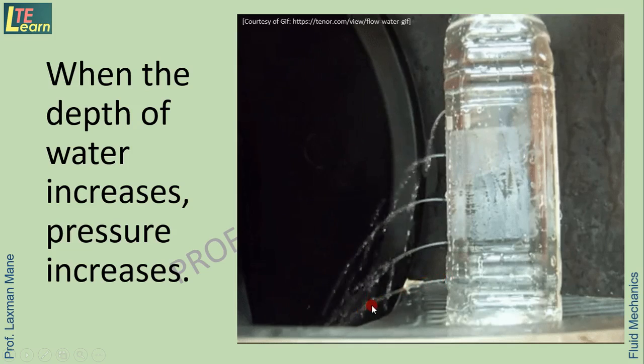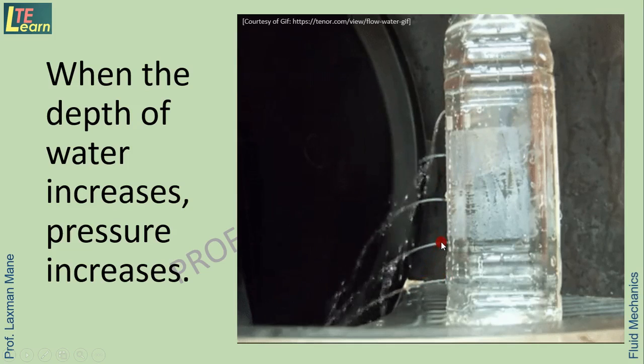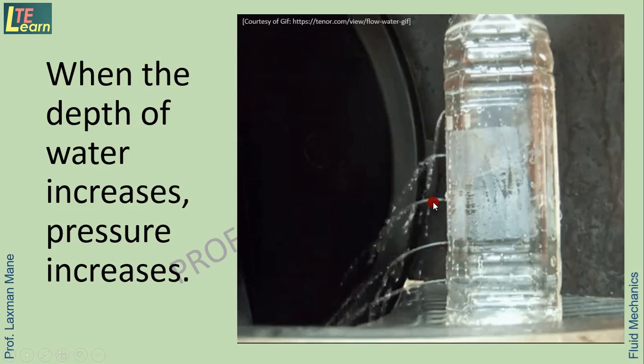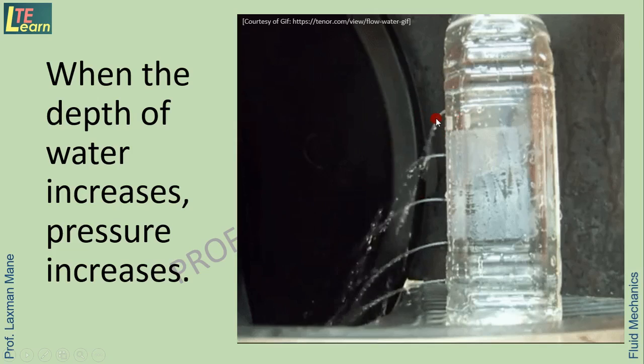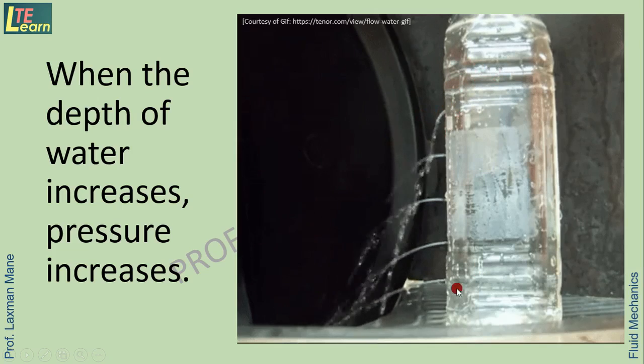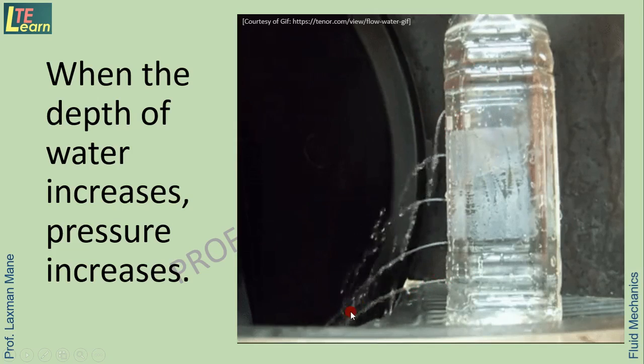Its speed is also higher compared to the water coming from the upper holes. This means as the depth of water is more, the rate of falling or speed of the water is more.